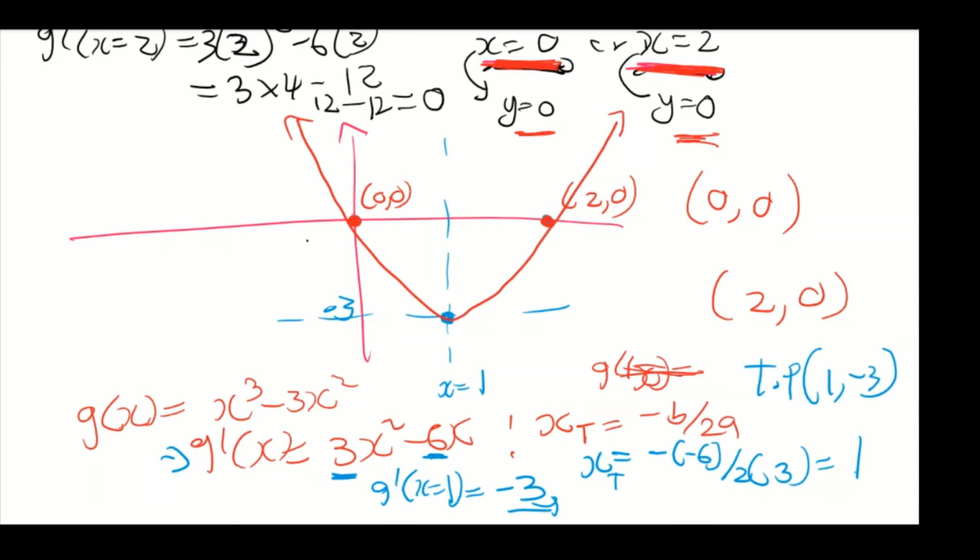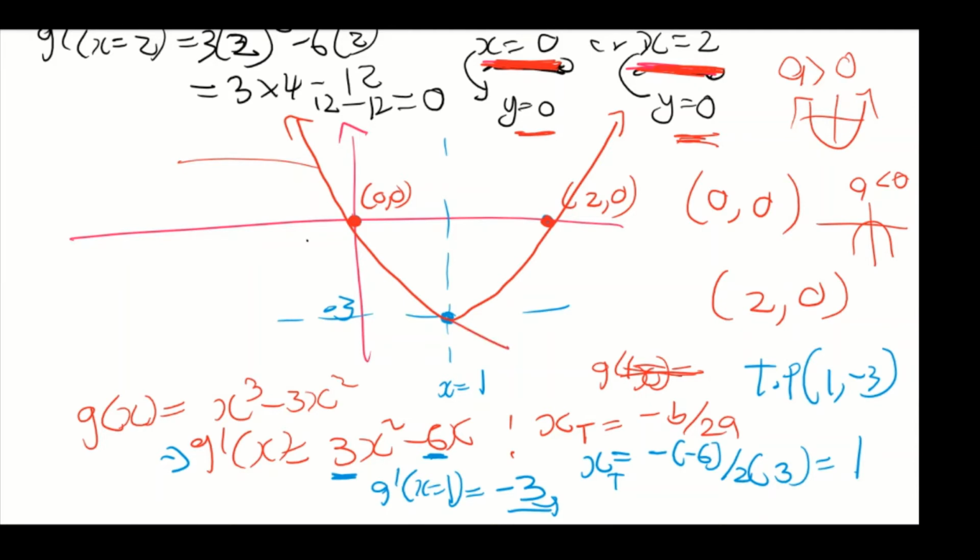So because this parabola here is a smiley face. Normally when you say it's a smiley face, it's when a value is greater than 0. Then you know it's smiling. But when a is less than 0, you know it is sad, right? So this one is a smiley face, meaning that it has a point of minimum.